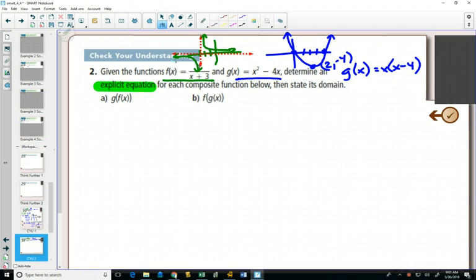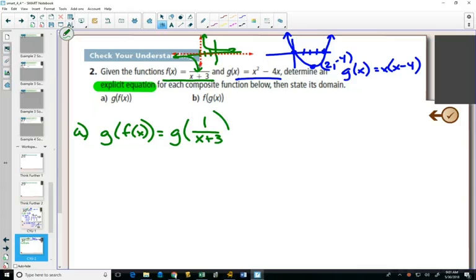So in A, g of f of x is equal to g of, and I would have 1 over x plus 3, because that's what f of x is. And g of 1 over x plus 3, well, your function g is telling you whatever you put in, it'll get squared, and then you'll subtract 4 times that.